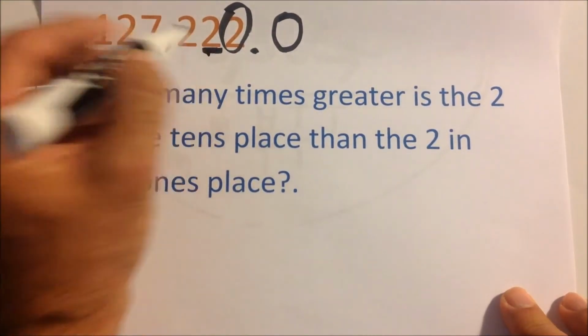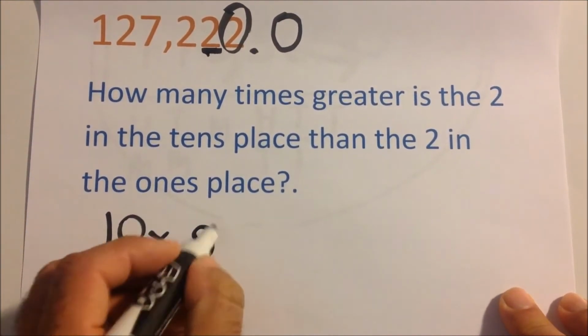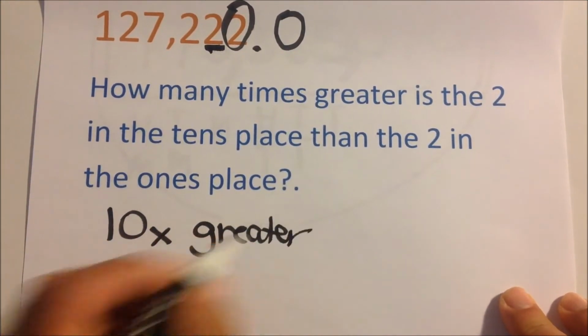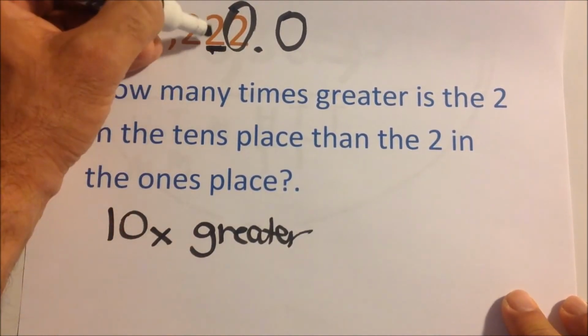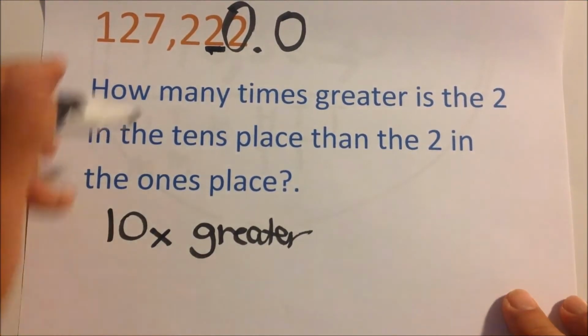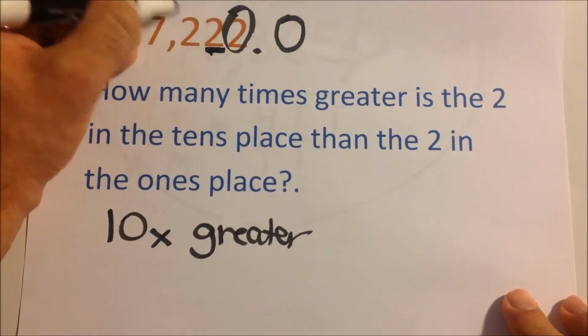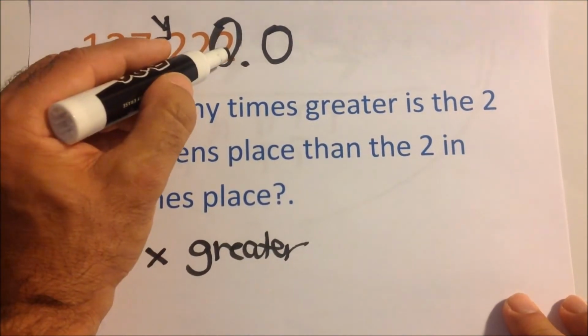So this 2 is 10 times greater. That's how we write 10 times, by the way. And how do we know? Well, this 2 is in the ones place, and this 2 is in the tens place, so it's 10 times greater. This 2, put an arrow by that 2, is 100 times greater than that 2.